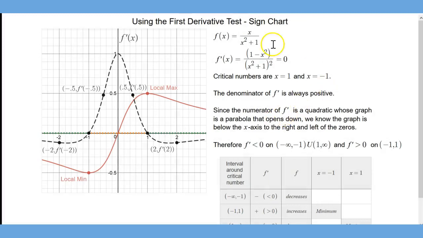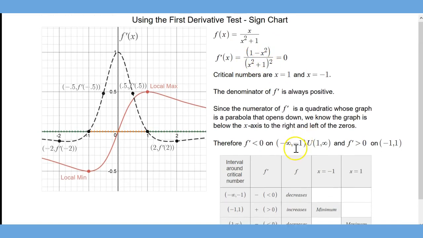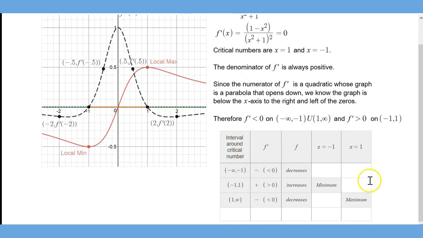One way to organize how to find the intervals where the derivative is positive or negative is through a sign chart. So if you look at the derivative of this function, you can organize the sign of that derivative on each interval around the zeros of the derivative, or the critical numbers, and then determine what f is doing on that interval.